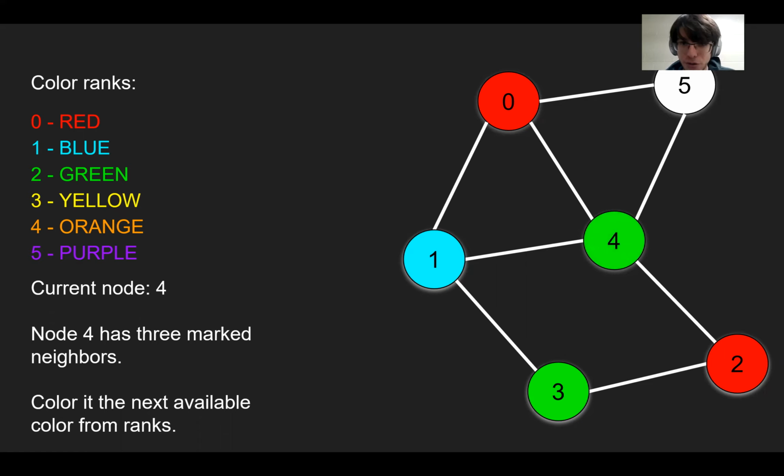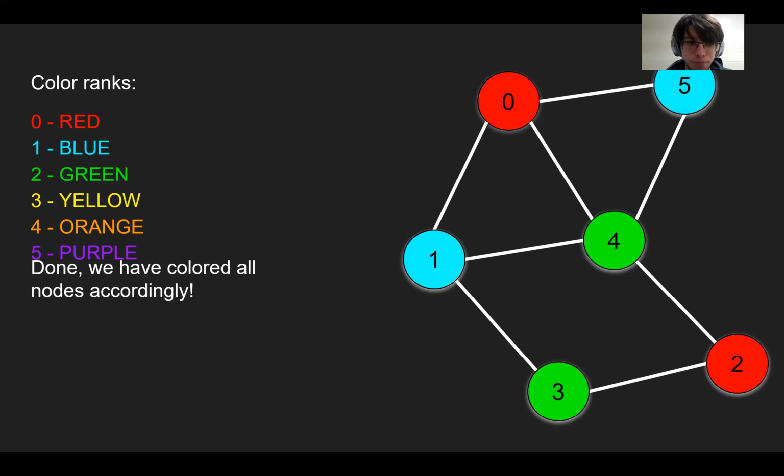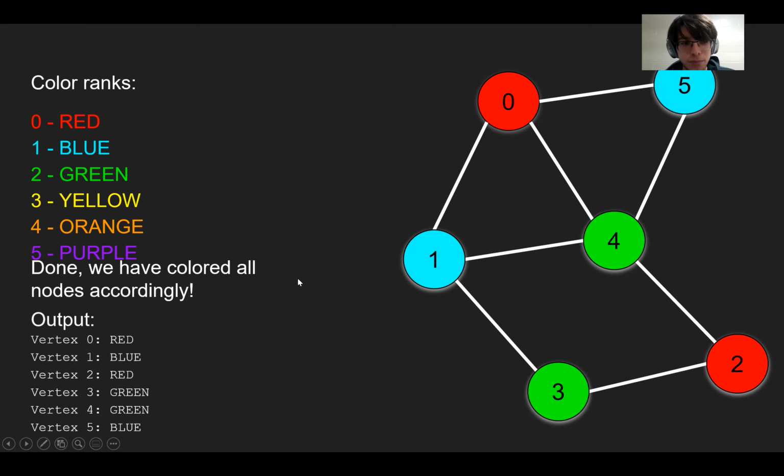And 5, we're going to choose blue because red is taken, but blue is not. And so that's how this whole problem works. So we colored all the nodes accordingly. So this is what we'd output.